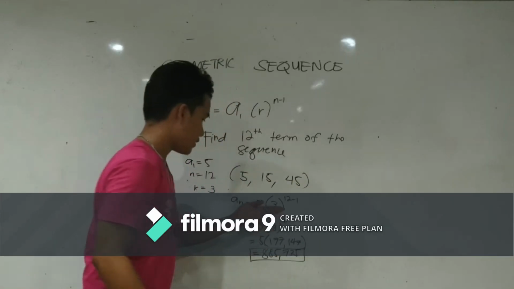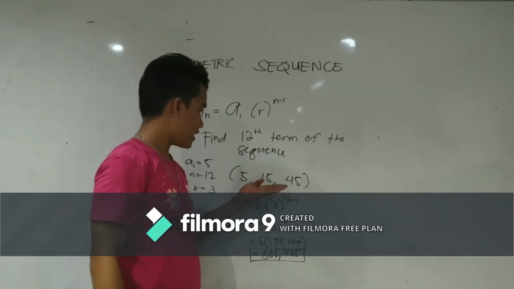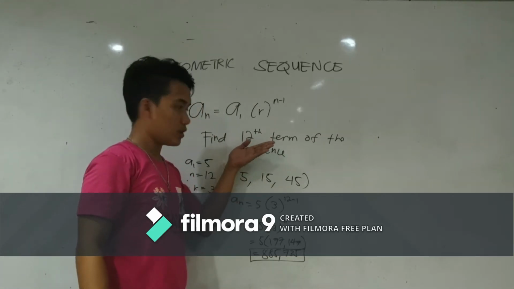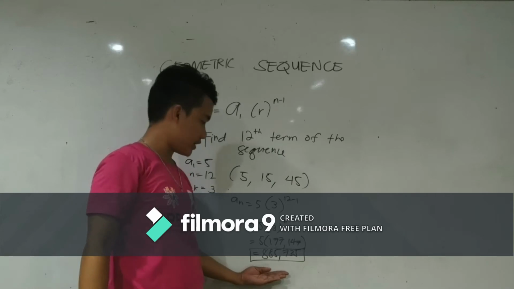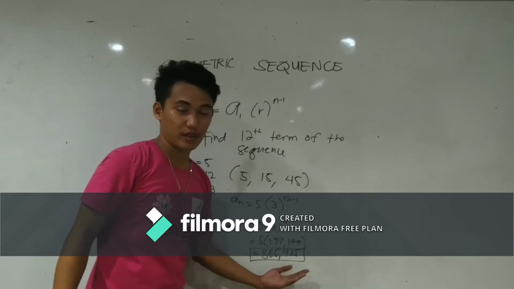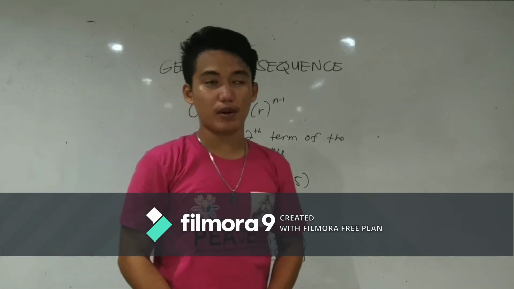So based on this sequence, we can say that its 12th term is 885,735.